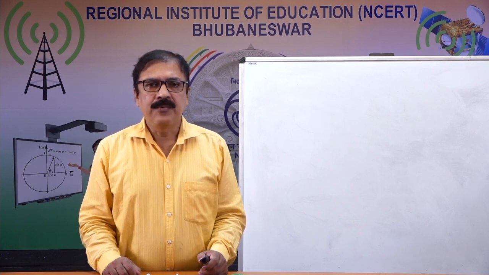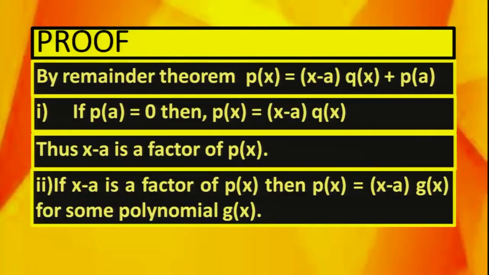Now, if x minus a is a factor of P(x), then we can express P(x) in terms of the remainder theorem as P(x) equal to x minus a into some quotient polynomial g(x).